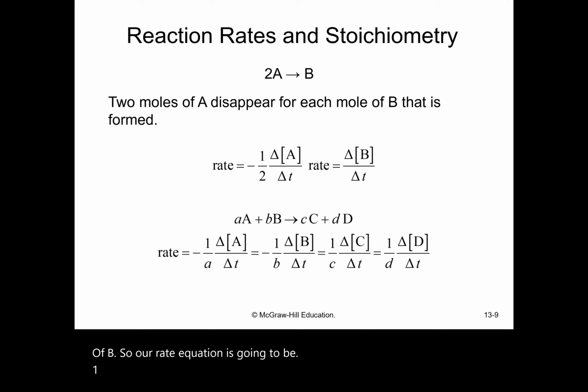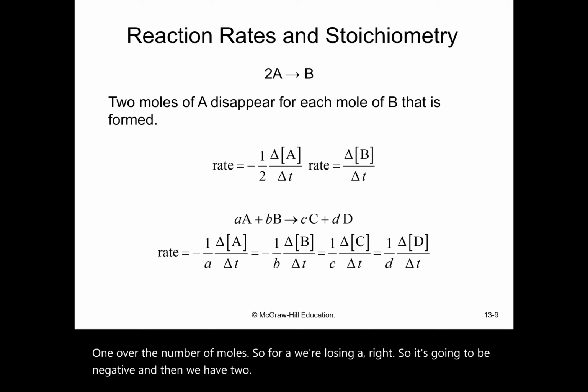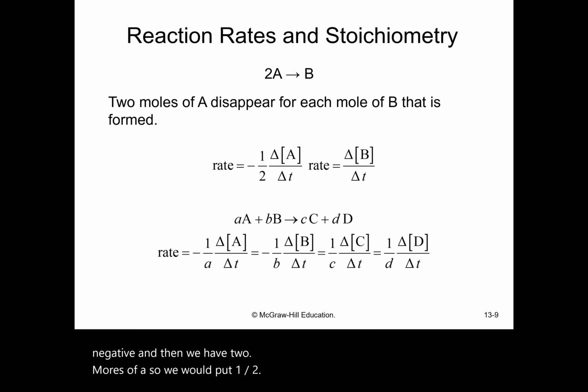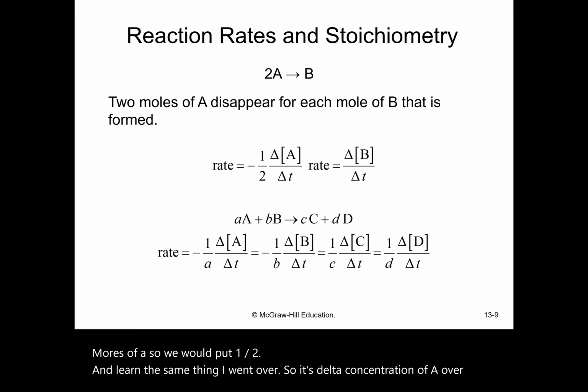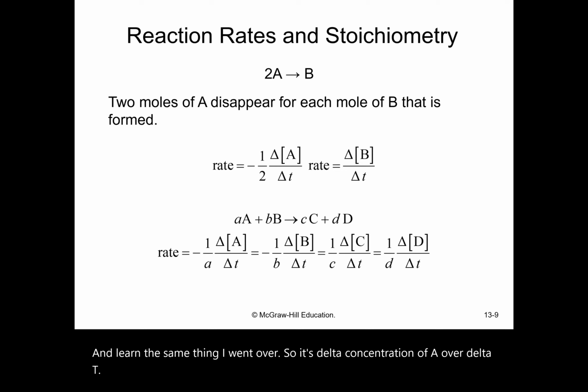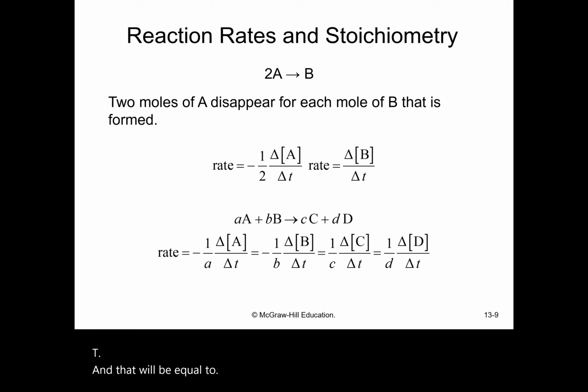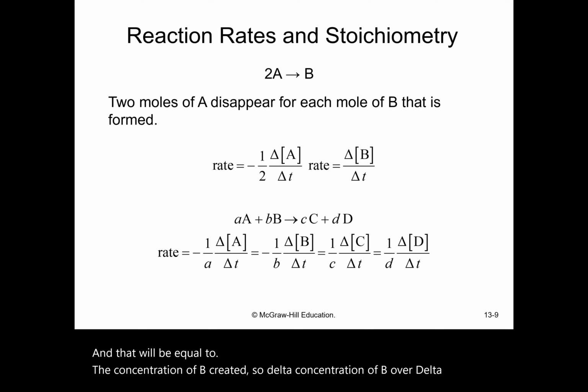For A, we're losing A, right? So it's going to be negative. And then we have 2 moles of A, so we will put 1 over 2. And then the same thing I went over. So it's delta concentration of A over delta T, and that will be equal to the concentration of B created, so delta concentration of B over delta T.